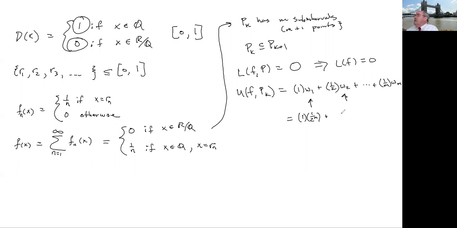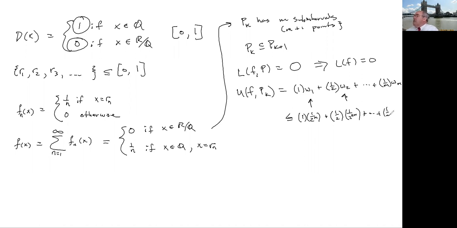And I could choose my points so that the width of the second interval, the one where the 1/2 occurs, is less than 1 over 2 to the k plus 1, and so forth and so on. And then, again thinking worst case, this is all less than or equal to.